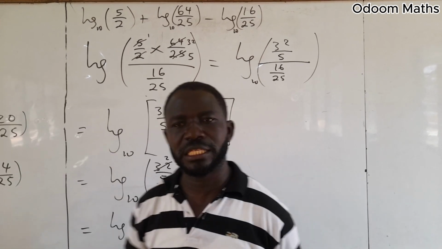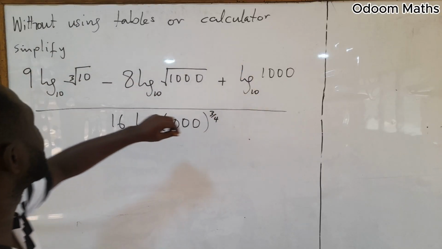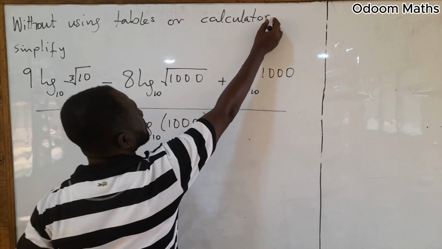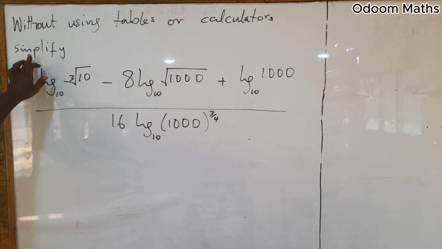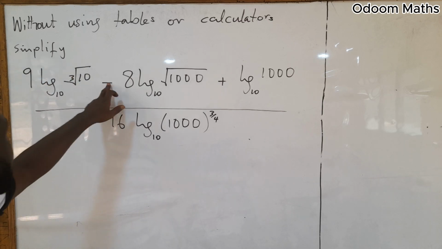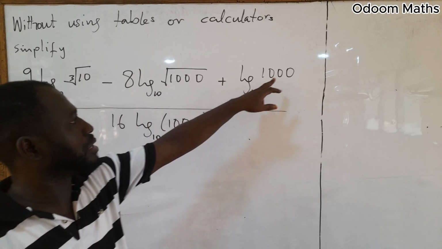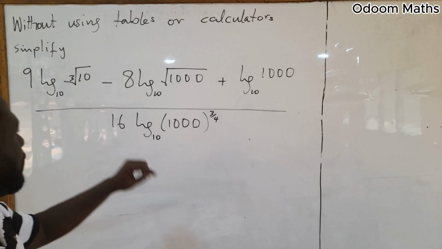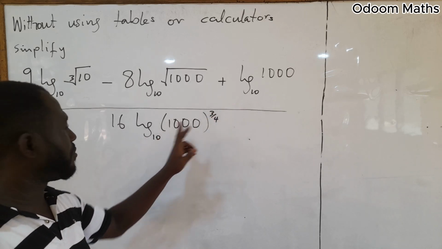Okay, so let's get one more example. Without using tables or calculator: simplify 9 log cube root of 10 base 10 minus 8 log root of 1000 base 10 plus log 1000 base 10, all over 16 log into brackets 1000 to the power 3/4 base 10.